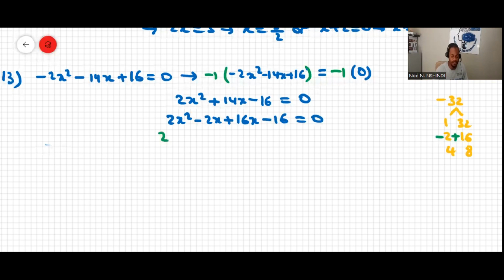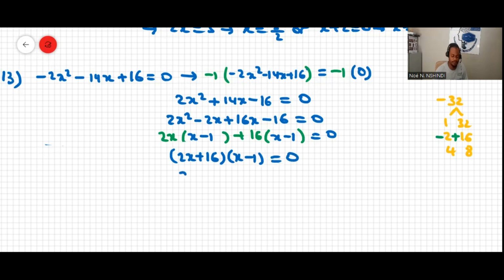Then we can factorize. We can take 2x common factor, and then 16 also for common factor. That makes x minus 1 and x minus 1. Let's just do it this way: we can factorize as 2x plus 16, and then x minus 1 equals 0.